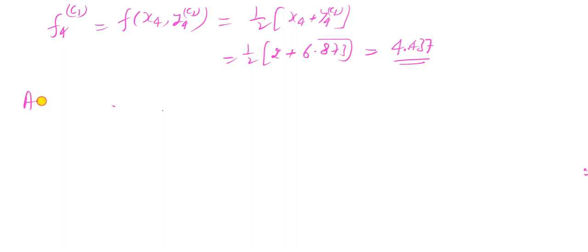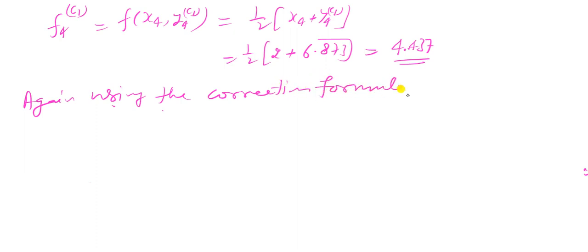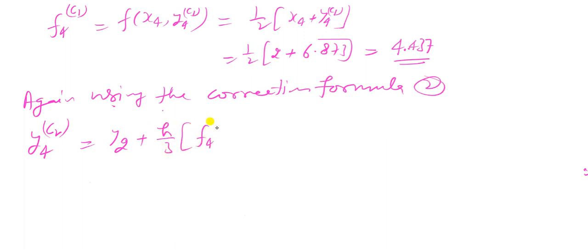Now again using the correction formula 2, we obtain y4 of c2 is equal to y2 plus h upon 3 times f4 of corrected value c1 plus 4 times f3 plus f2.